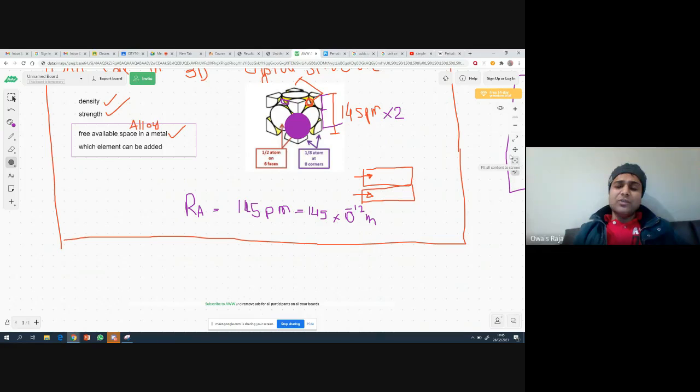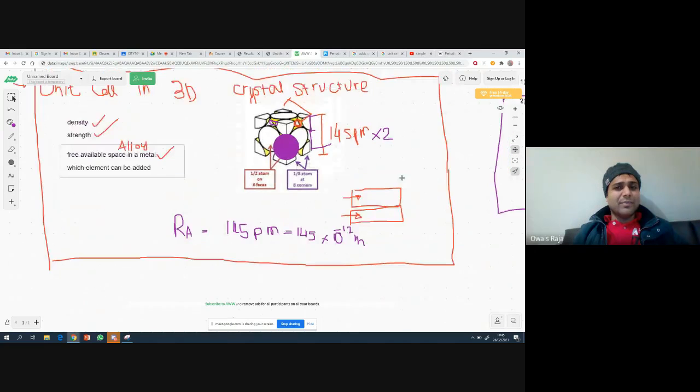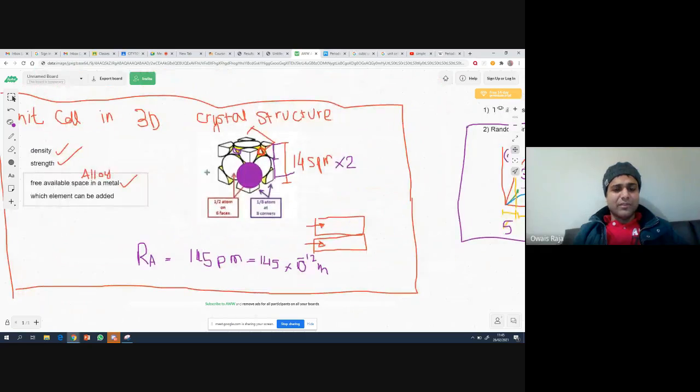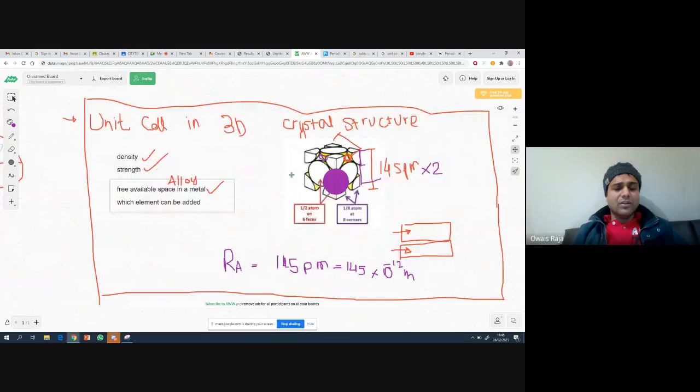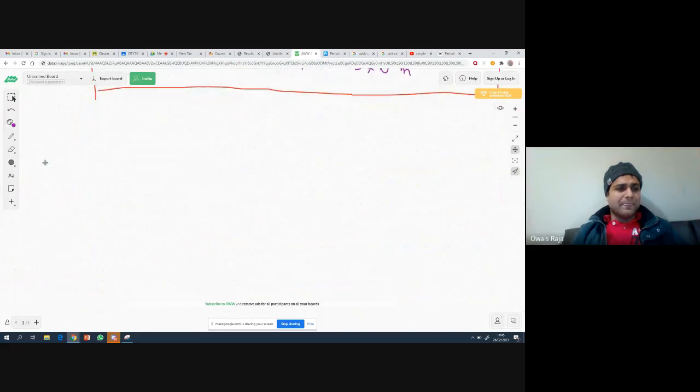Now we define the unit cell. If we repeat this unit cell in three dimensions, we call this a lattice structure. Let me write it down.